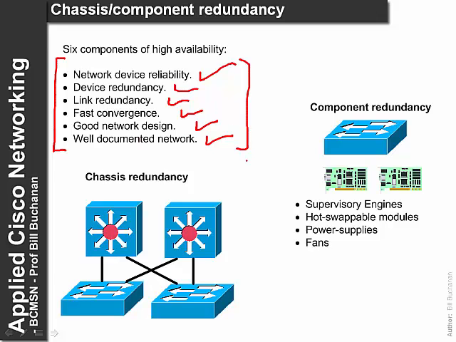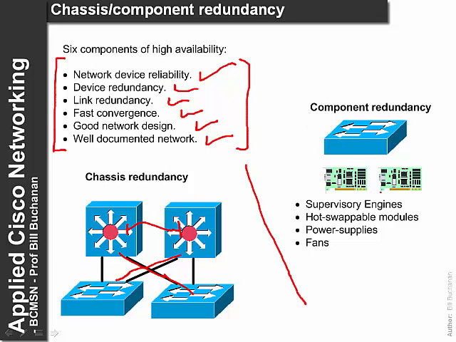The 2 main types of redundancy that we typically have is chassis redundancy, and that is where we use backup devices which are physically separate from each other, and then we would typically create alternative routes between the devices.